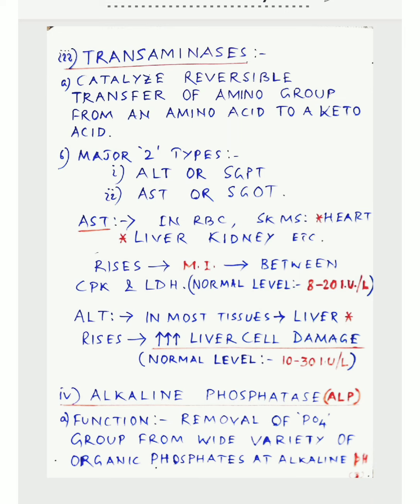ALT is also present in most tissues, but the liver has the maximum amount. Normal is 10 to 30 international units per liter. A marked rise is seen in hepatocellular damage, up to 50 to 100 times.